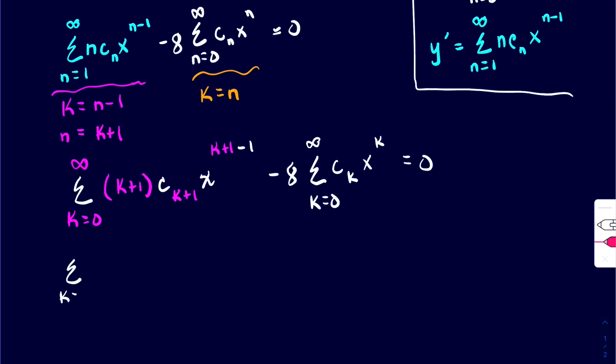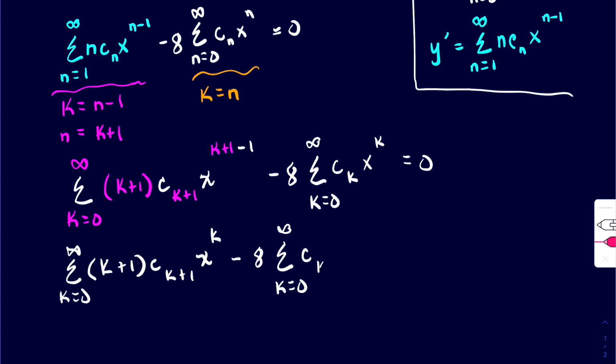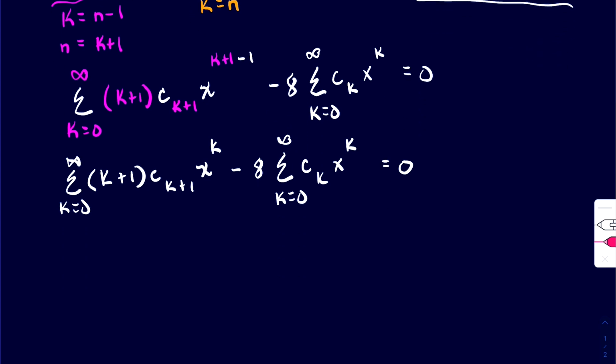Simplifying, we have k goes from 0 to infinity, k plus 1 times c sub k plus 1, and then this exponent will simplify to be k, minus 8 times the summation of k equal 0 to infinity, c sub k times x to the k. All of that is equal to 0.